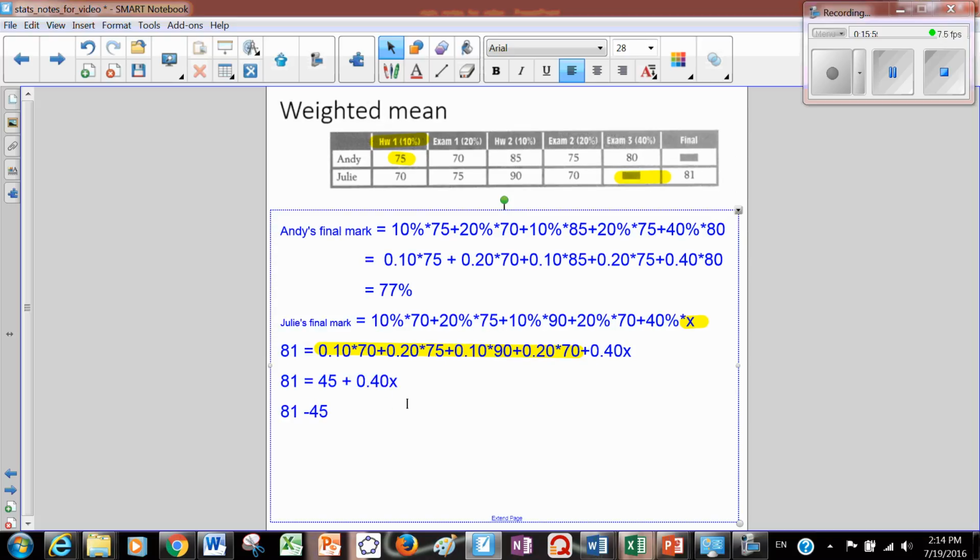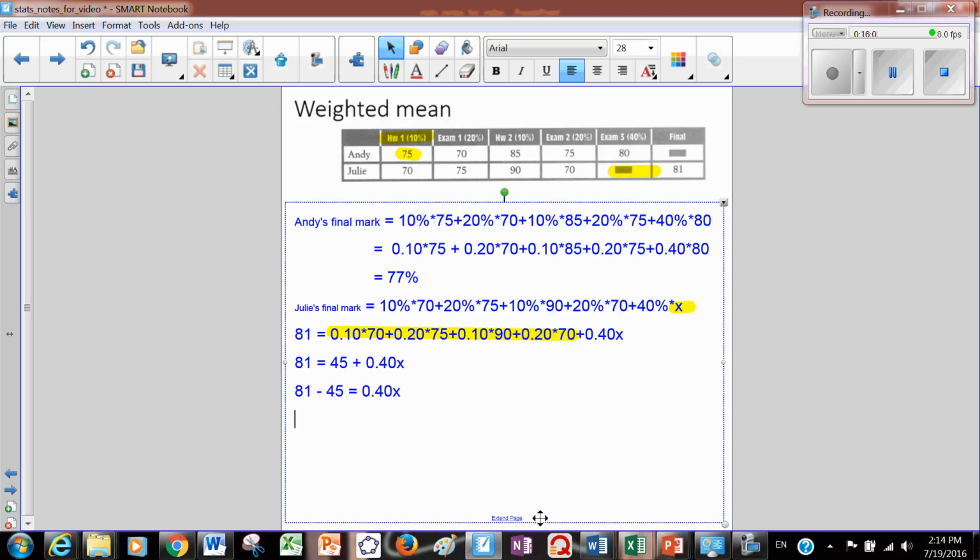We're going to minus 45 on each side. So now we should have 0.40x. And if we want to find our x, 81 minus 45, that's 36, is equal to 0.40x. To find our x, we just have to divide by 0.40 on each side.